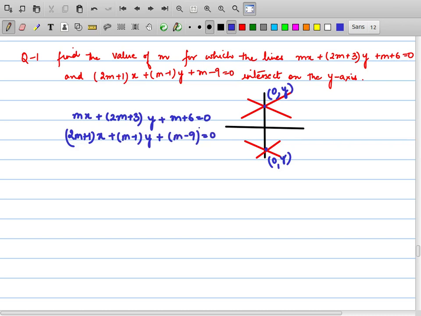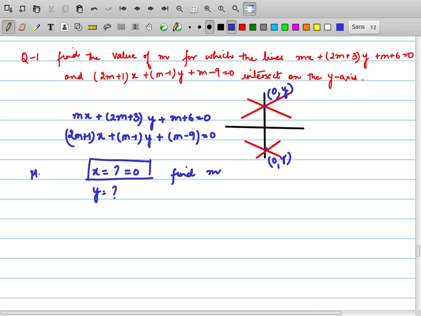Now one of the methods is you solve them simultaneously, find the value of x and find the value of y. But since x is 0, we will equate this x coordinate to 0 and find the value of m. This is the traditional method. We can simultaneously solve them and then put x equals 0, because their point of intersection is lying on the y-axis, and on the y-axis the x coordinate is 0. Therefore this part would be 0 and we can find them.